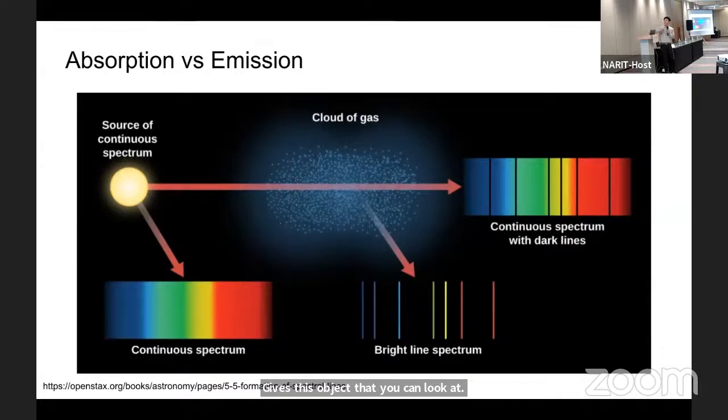This is also, I think, a cool tidbit: helium was actually first recognized by observations of the sun. This is because people were taking spectra of the sun during a solar eclipse, and this might be interesting for the Thai audience, because this is the famous solar eclipse that happened in Thailand.